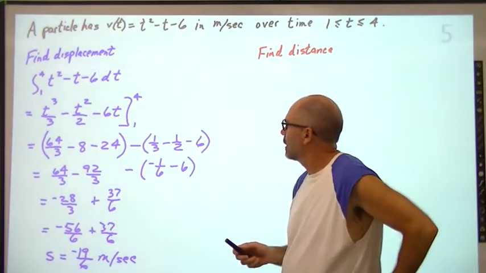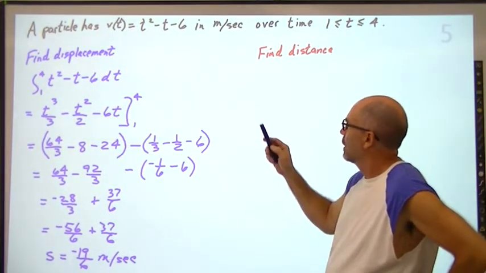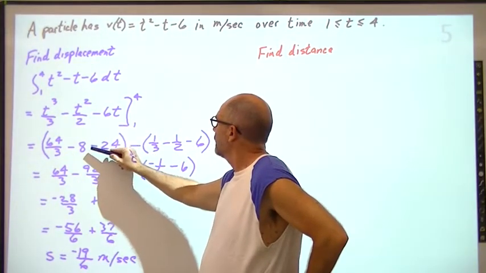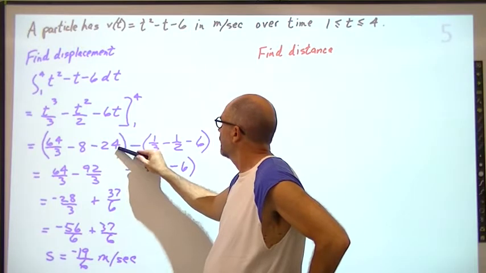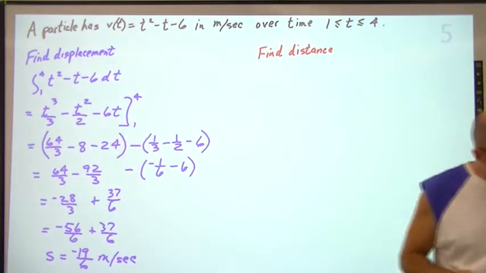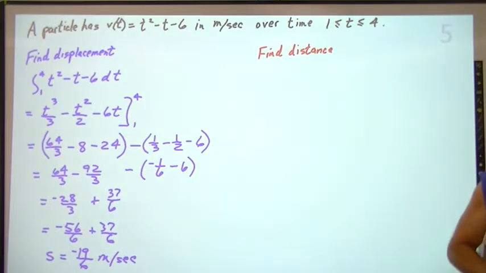Okay. 64 thirds, 16 halves, 24. This is the easy part. How could I screw this up? Yeah, they don't show how they got it. They just have -9/2.